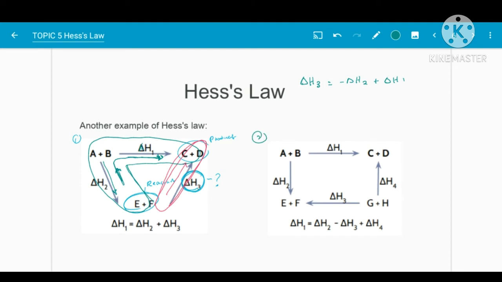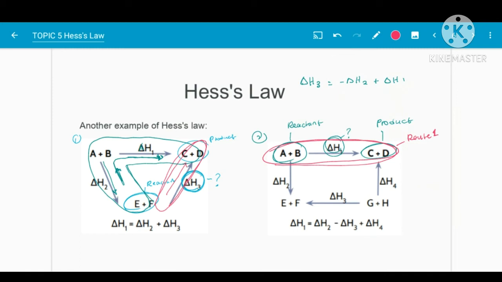For the second example, let's say I want to calculate delta H1. So AB will become our return and CD becomes our product. And this is route 1.